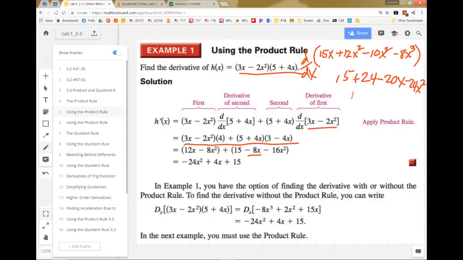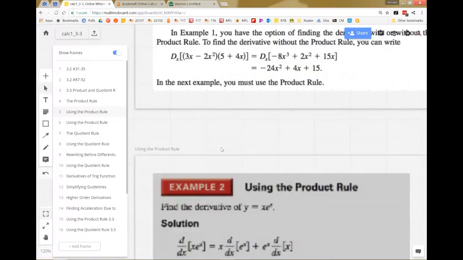And when you write that out and simplify, bring together the like terms, you see how we got the same answers. So on that one, we had a choice. But on the next one we're going to do, you're going to see that sometimes you don't have a choice. You have to use the product rule.